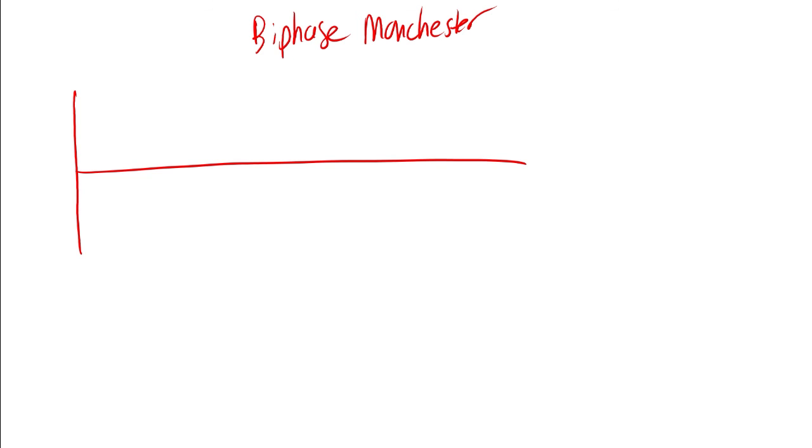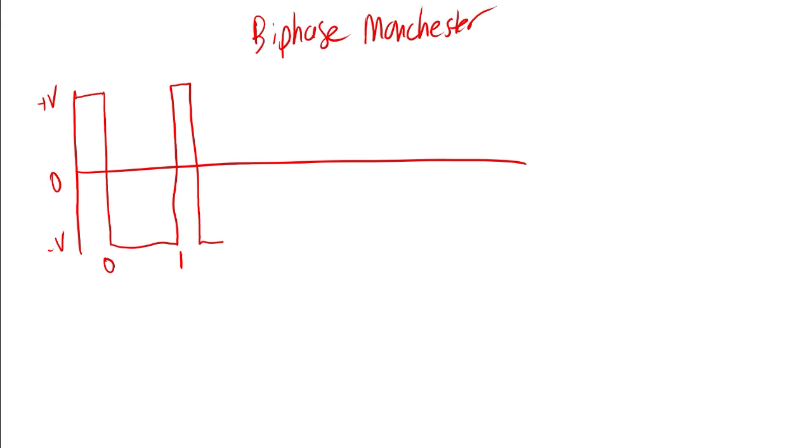So we have what's called a biphase Manchester. And remember, we have a clock. So if we change phases, there's a positive, negative. If we change phases once in our cycle, that's considered 0, and if we change phases twice, it's considered a 1.